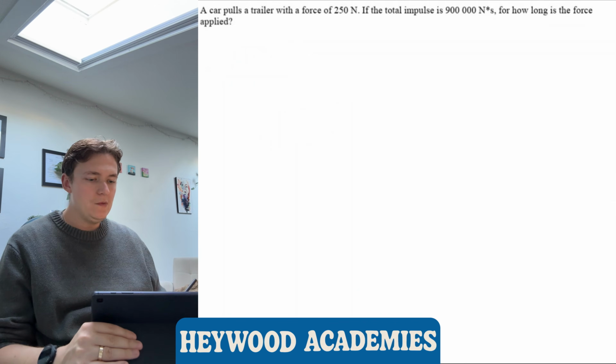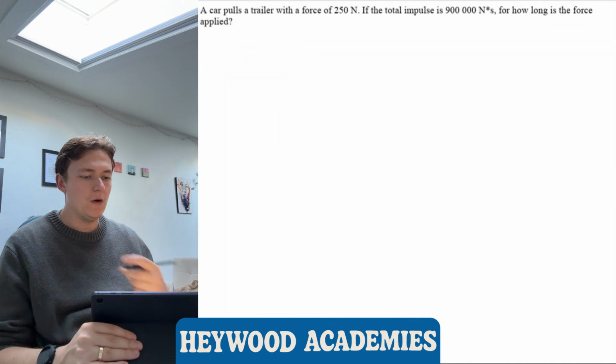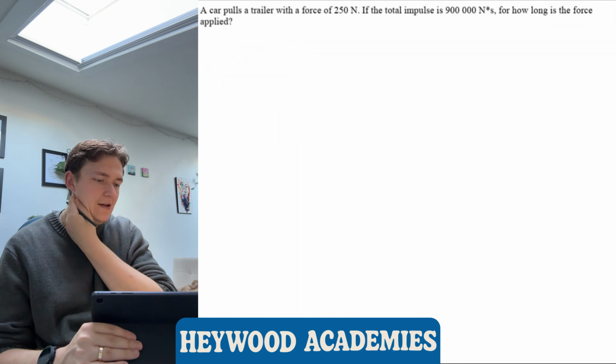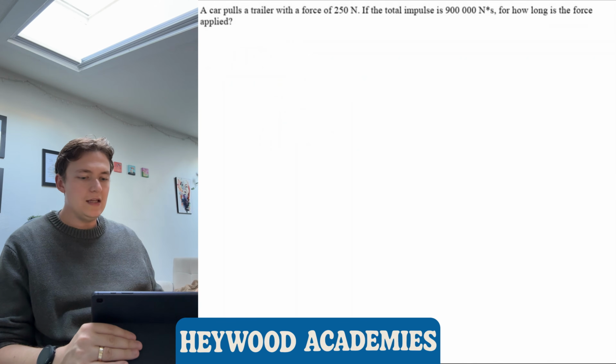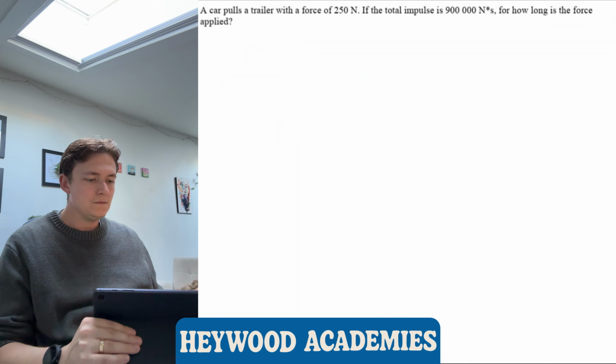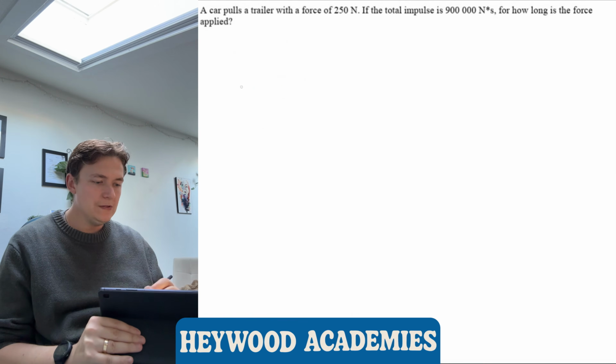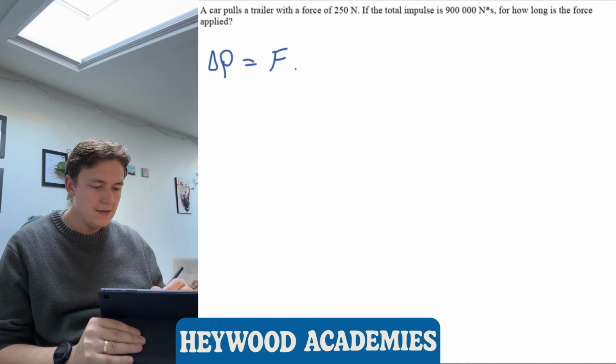A car pulls a trailer with a force of 250 newtons. The total impulse is 900,000 newton seconds. How long is the force applied? So they told us total impulse was given this time, which is again change in momentum. The force is also given. Now we want to solve for the time in this case.